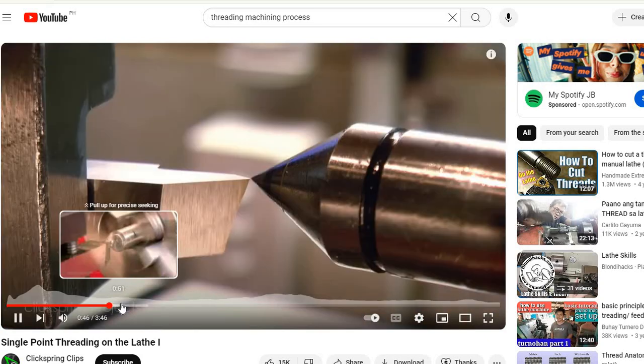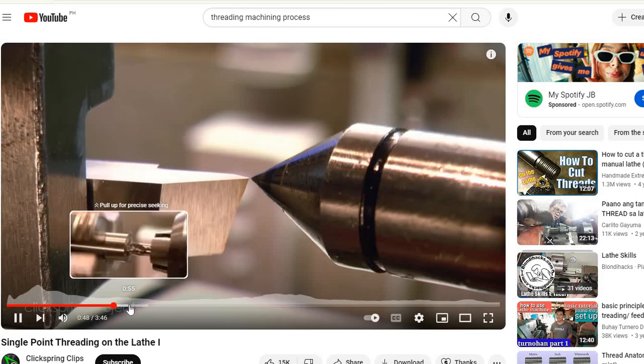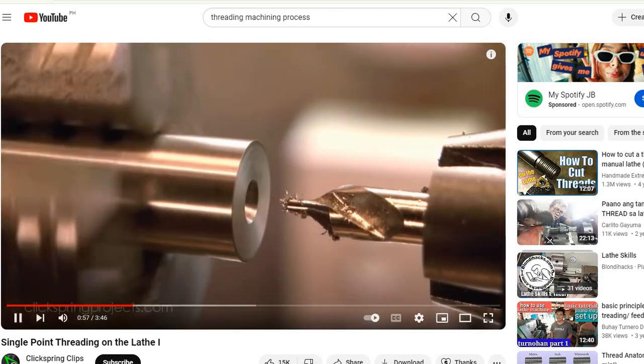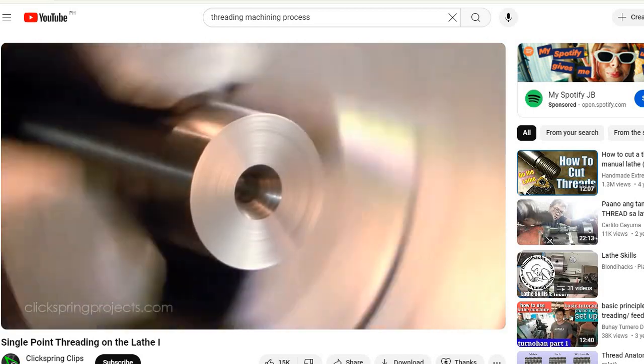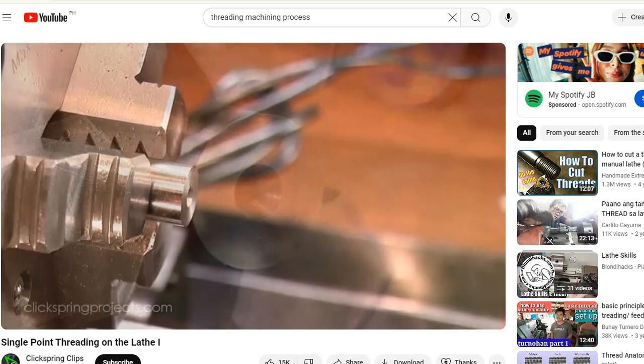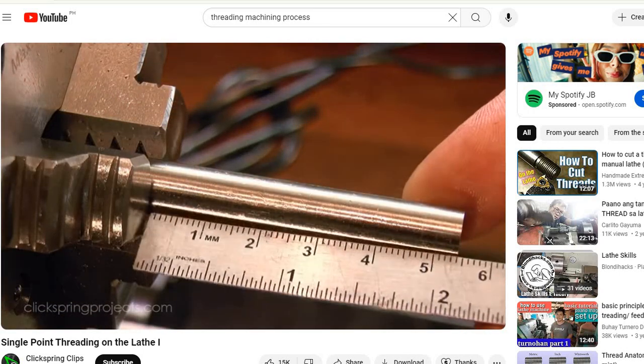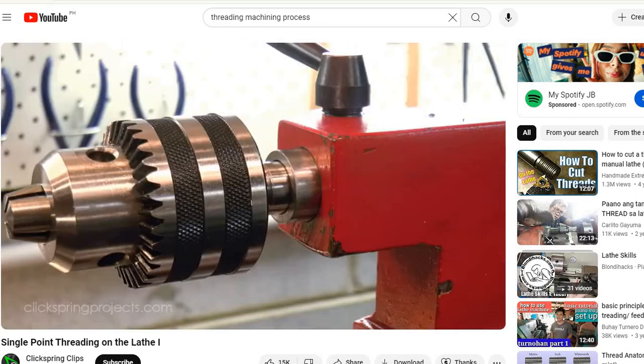After making the tool, it will be used here in the lathe machine. Threading is usually done in a lathe machine also.